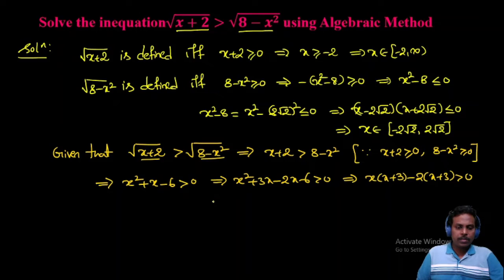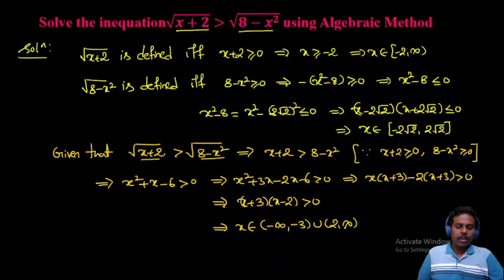So this implies x plus 3 into x minus 2 is greater than 0. So what is the solution of this inequation? Implies x belongs to the interval minus infinity to minus 3 union 2 to infinity.